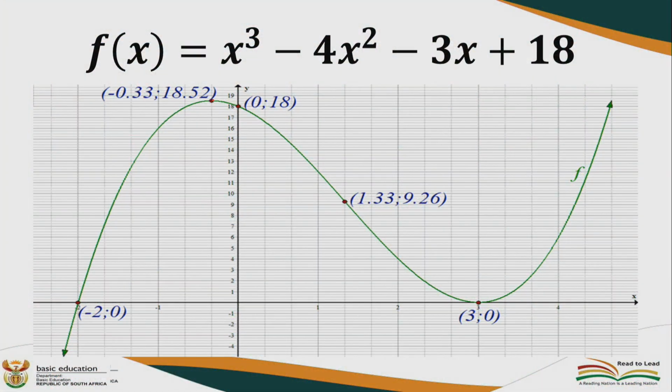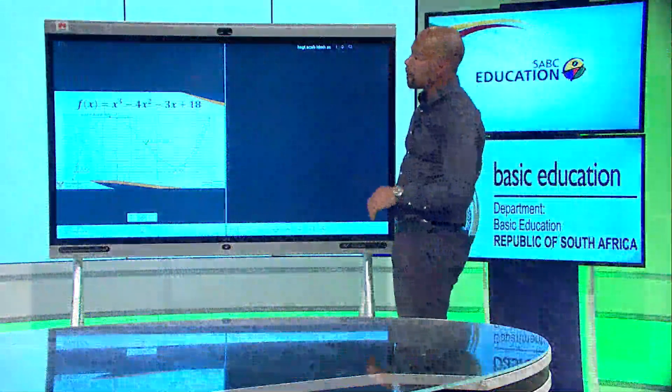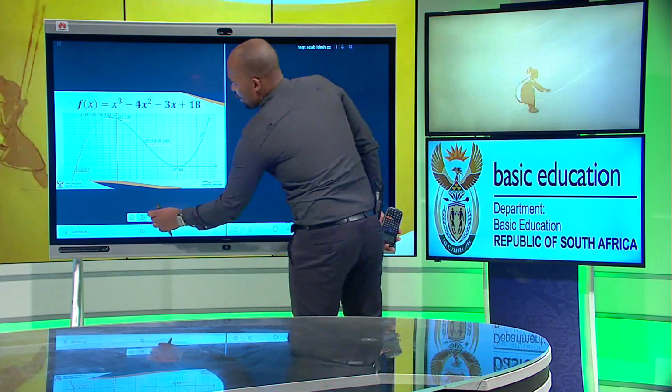So this becomes easy when you get all those points. This is my point of inflection, my y-intercept, turning point, x-intercept, as well as another turning point. So when sketching the graph, this becomes easy.